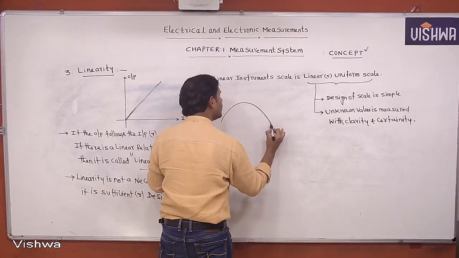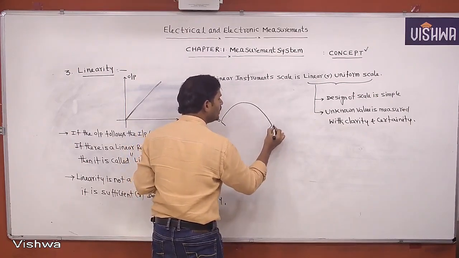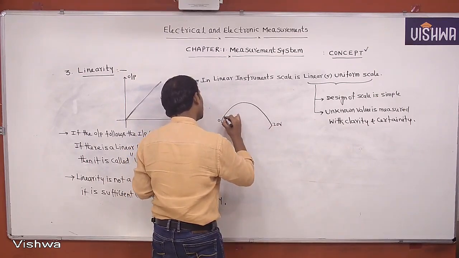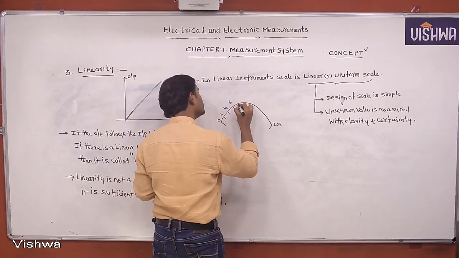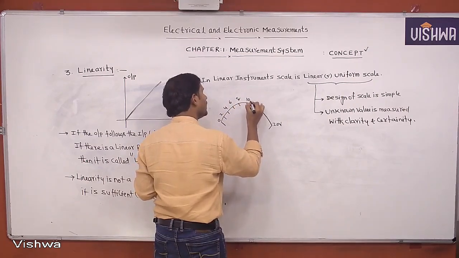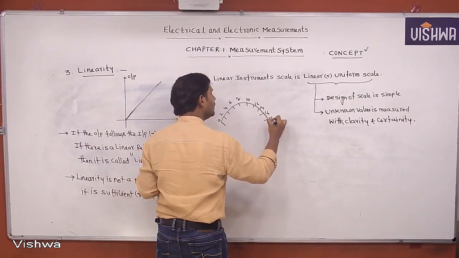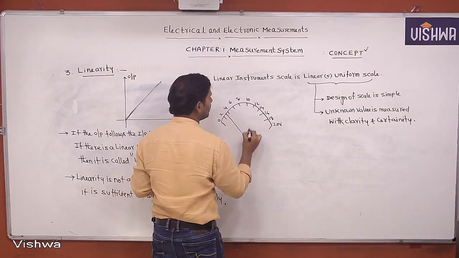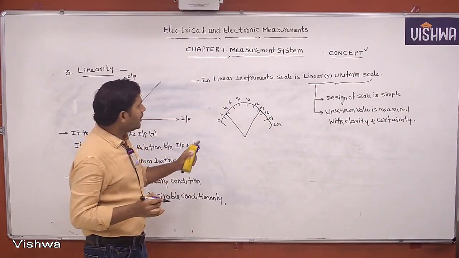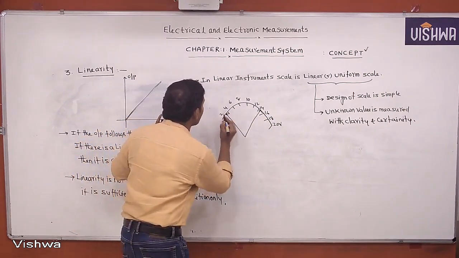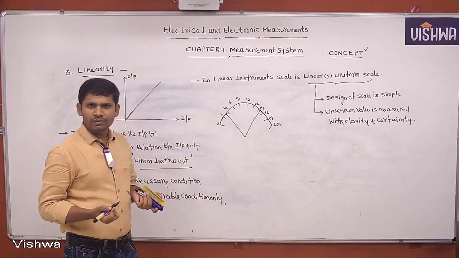For example, take a 0 to 20 volts voltmeter. Then we can make the divisions like this: 2, 4, 6, 8, 10, 12, 14, 16, 18, 20. This type of scale is nothing but a uniform scale. We can make uniform divisions throughout the scale. This is a linear scale or uniform scale.